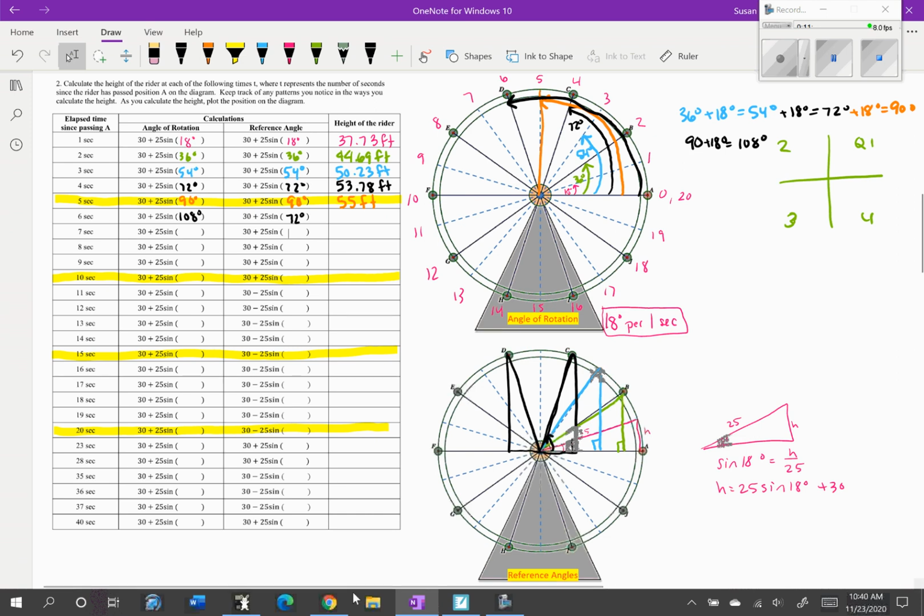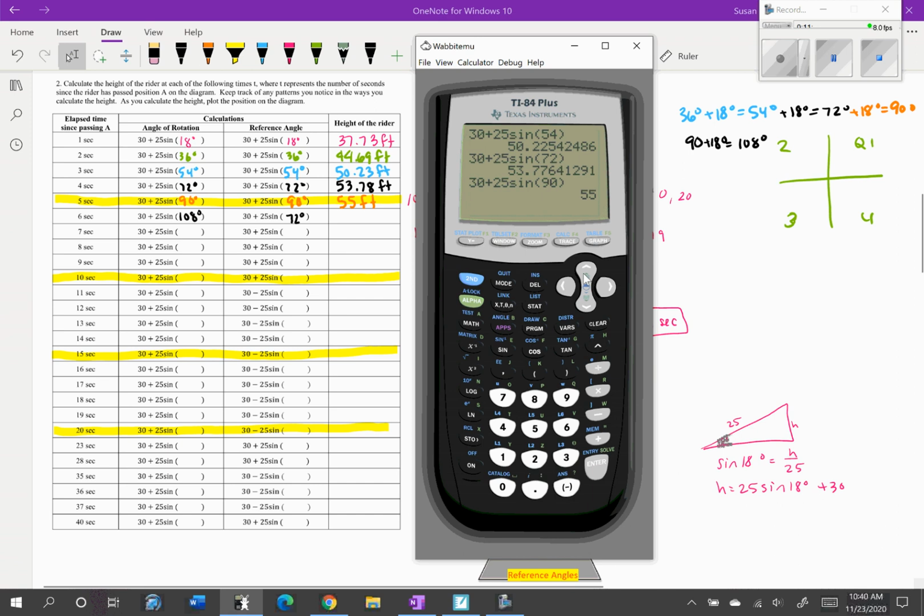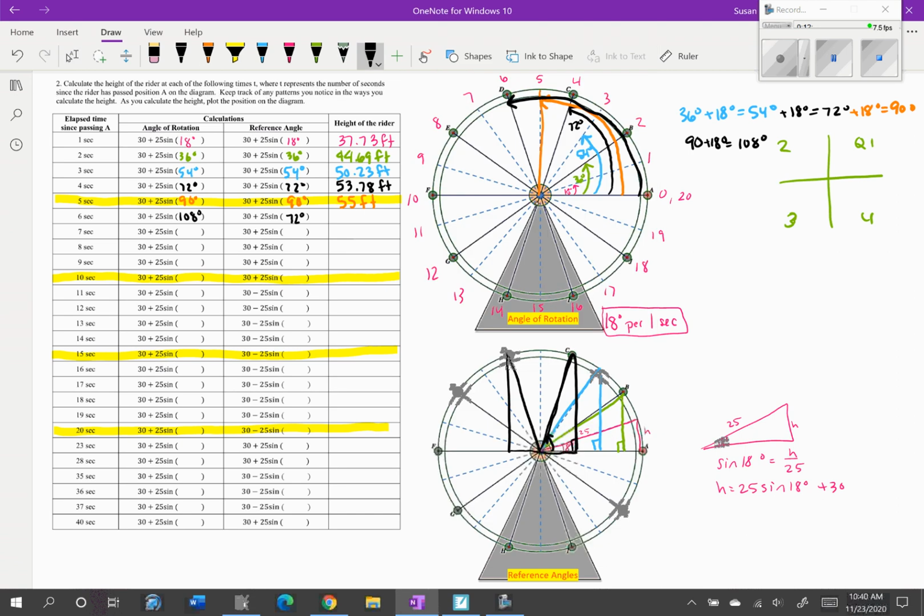So let's go ahead and just plug in with the 108 and see what happens. So if I plug in using my angle of rotation instead, notice that that still gives me 53.78. So if I use the angle of rotation or if I use the reference angles, I still get the same answer, 53.78. So let's go ahead and look at the next one.